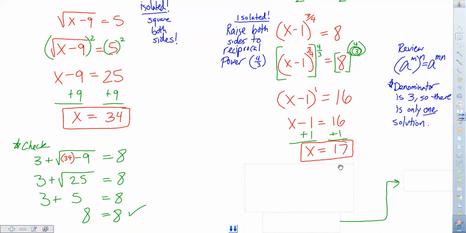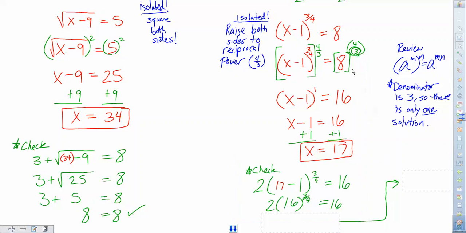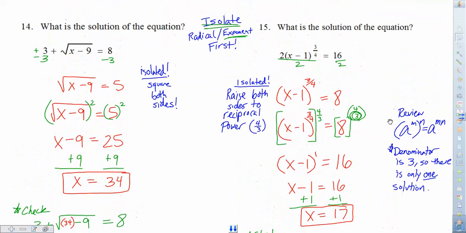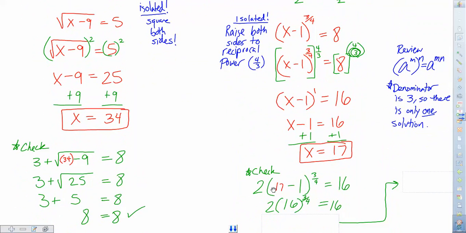We can check that 17 in the original problem. The original problem was way up here: 2 times x minus 1 raised to the 3/4 should be equal to 16. See how I substitute 17 in there? 17 minus 1 gives us 16. Now order of operations dictates that we take 16 and raise it to the 3/4 power first.